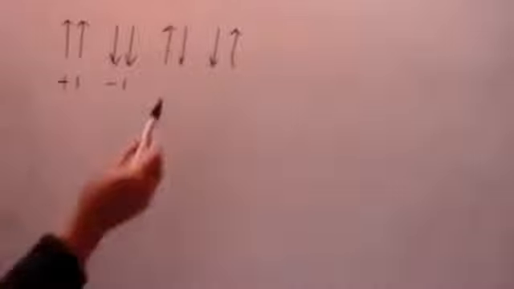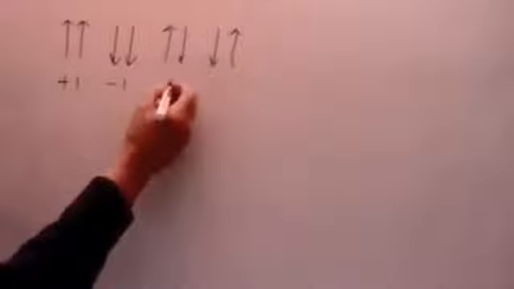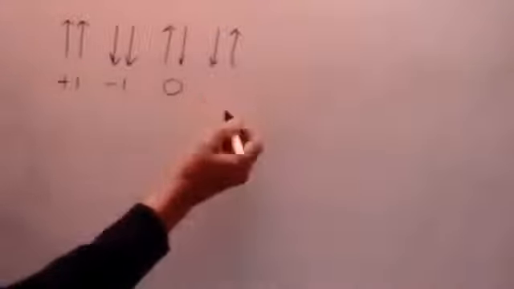And if they are spin 1/2 and up is plus half, down is minus a half, then this is plus half, that's plus 1, total spin. This is minus a half, is minus 1, total spin. This is plus a half, minus a half, 0, total spin. And this is minus a half plus a half, 0, total spin.